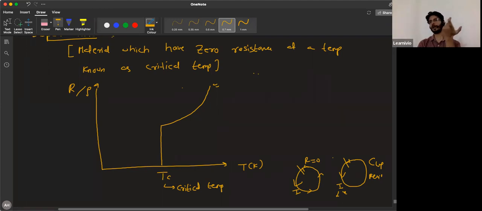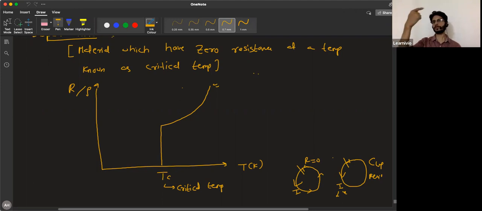But assume you have a fan made of some superconducting material, then there is no wastage of energy. The power wastage will reduce exactly to zero. So you take a fan made of some superconducting material, you connect it with a switch, and you switch it on.